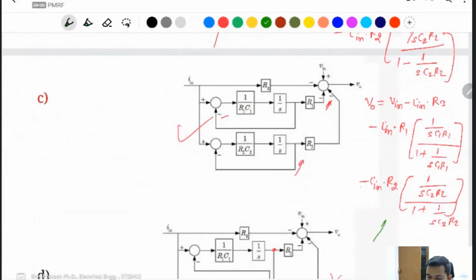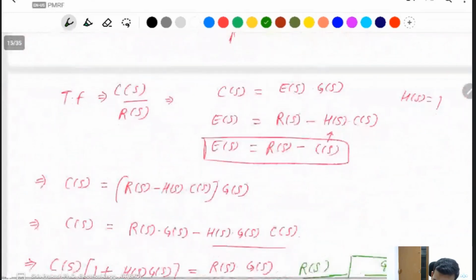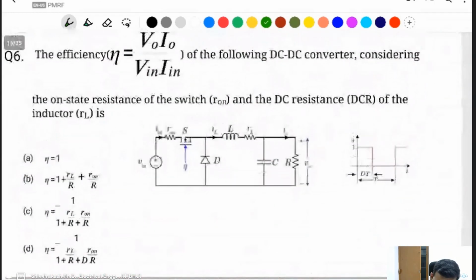The KVL is the same as the mathematical equation, and we transfer this into the block model based. Same behavior. This behavior is the same. If you put the value R1, C1, and R3, all of this, V in, I in, and current will flow to find the output voltage.